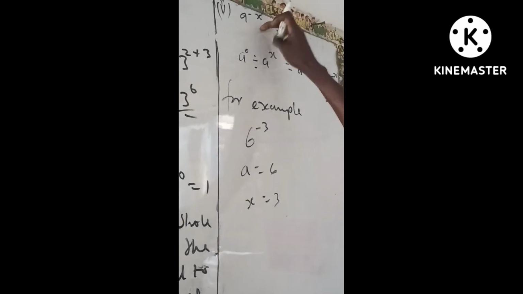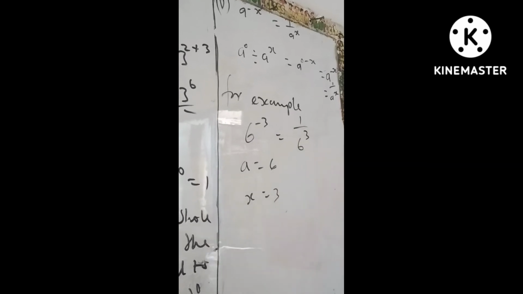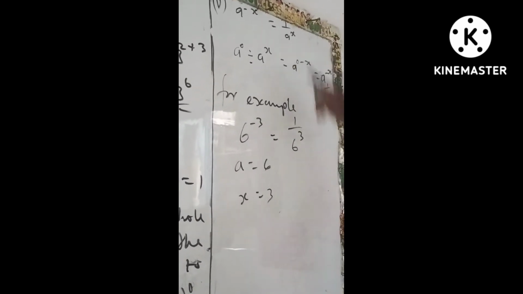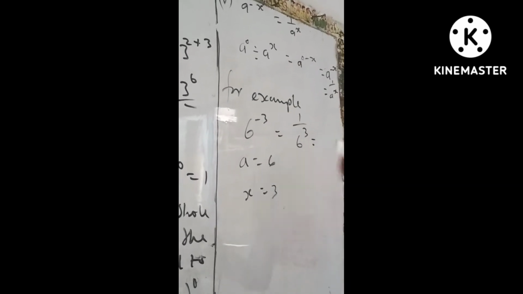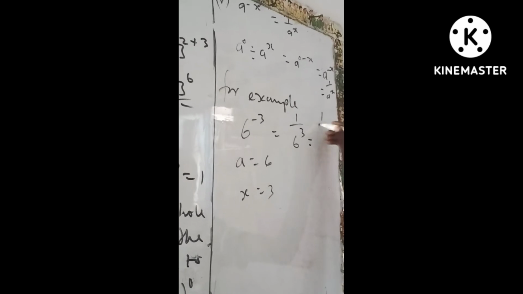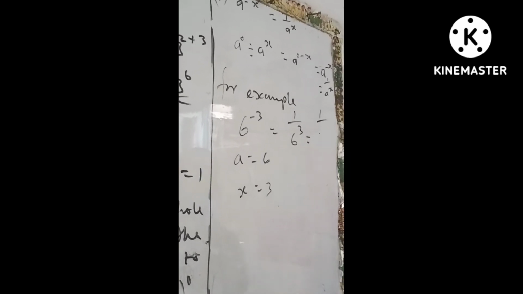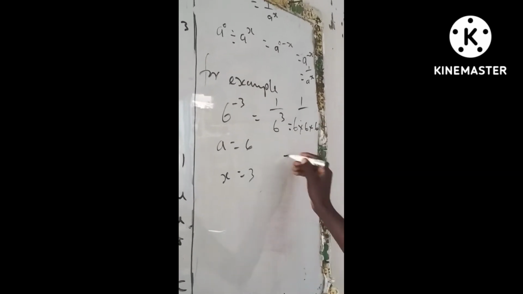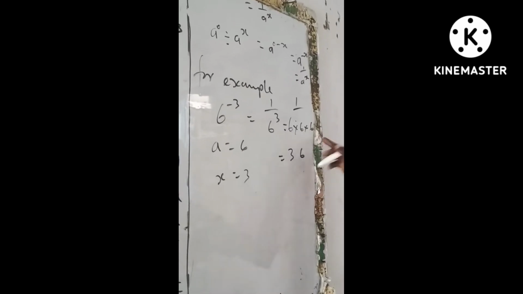So applying this law of indices here, we have 1 over 6 to the power of 3, which corresponds to 1 over a to the power x. Simplifying further, 6 to the power of 3 means 6 multiplying itself 3 times. So we have 6 times 6 times 6. 6 times 6 is what? 36. So I have 36 times 6.